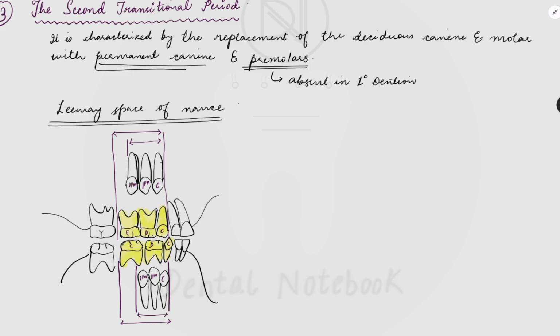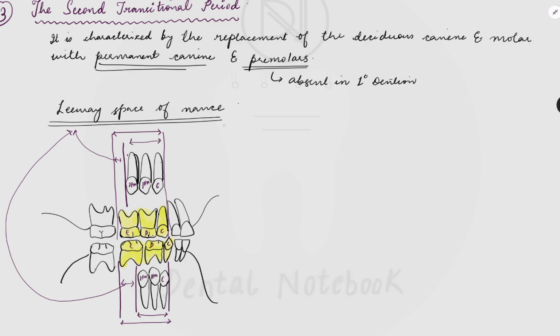This difference in space between the permanent and deciduous dentition is called the leeway space of Nance. This space is present in both maxillary and mandibular teeth.